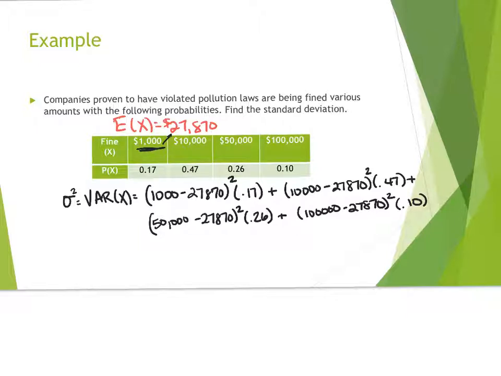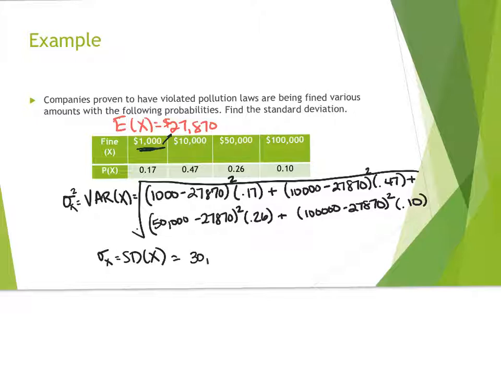Now, you can calculate this by hand and get a number here. And whatever that number is, you're going to go ahead and find sigma x, or the standard deviation of x. And to find the standard deviation of x, you just take the square root of all of this stuff here. And when you take the square root, you get 30,338.64.